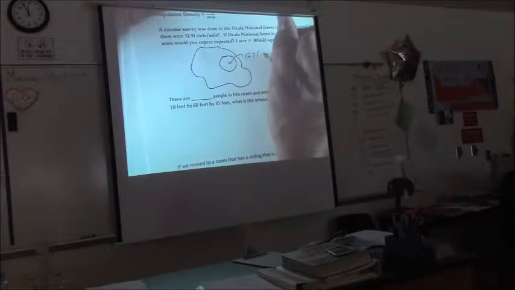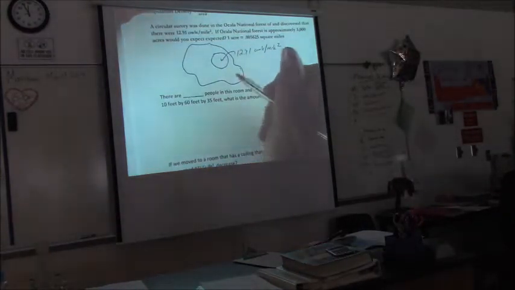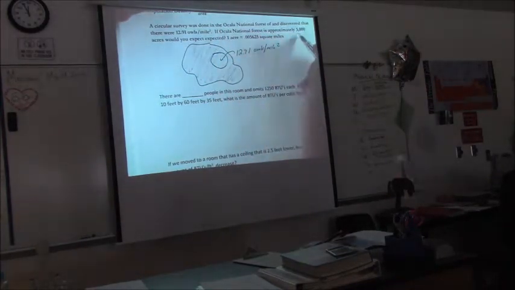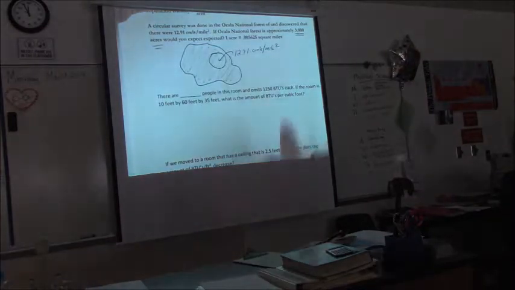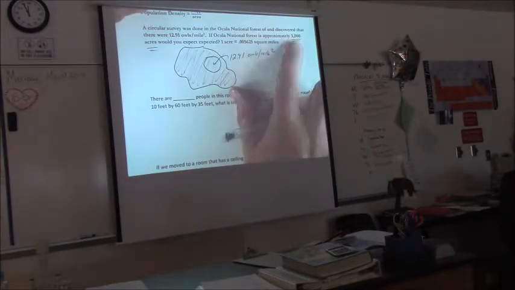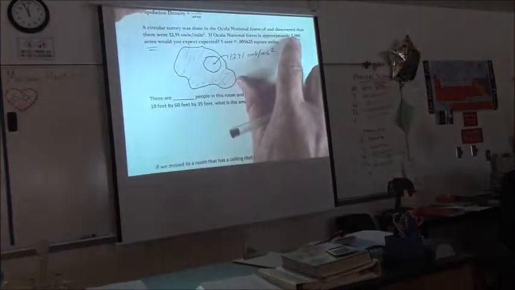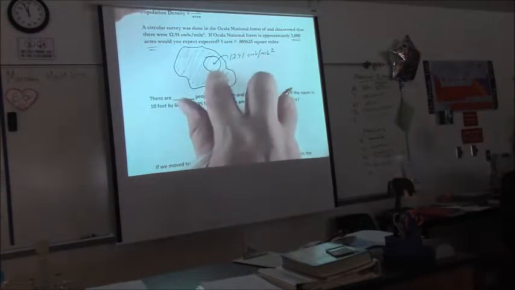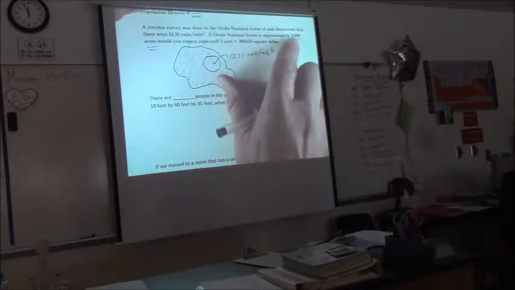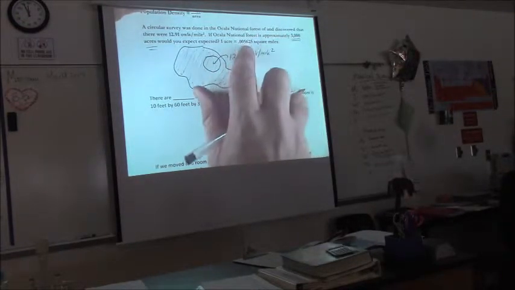It was 12.91 owls per square mile. So now they're saying, how many owls would you expect in the entire national forest if it's about 3,000 acres? Well, the problem is this is in square miles, and this is in acres. So I probably want to convert either the square miles to acres or acres to square miles. I would convert the acres into square miles.